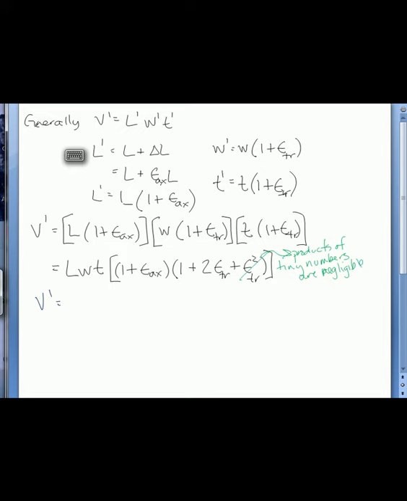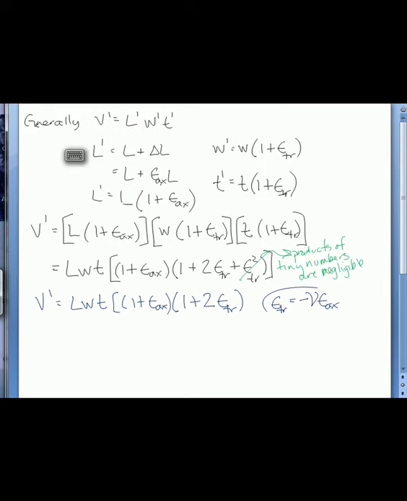And we can say that we've got length times width times thickness times 1 plus axial strain times 1 plus 2 times the transverse strain. But from our definition of strain, we know that the transverse strain is the negative of the Poisson's ratio times the axial strain.